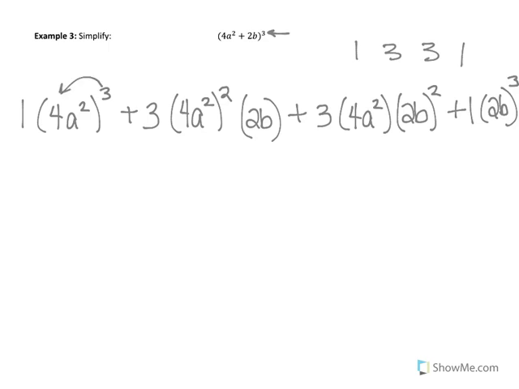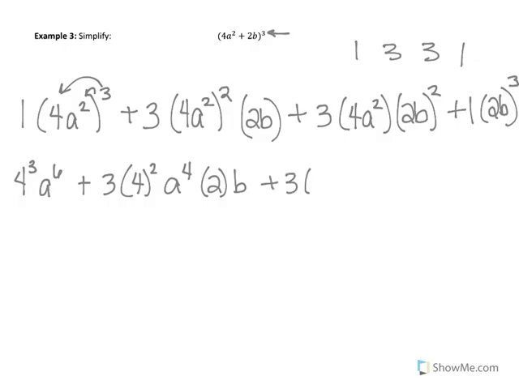Now we'll distribute, so we have 4 to the power of 3 and a to the power of 6. Remember, 2 times 3 is 6. Plus 3 times 4 squared times a to the power of 4 times 2 times b, plus 3 times 4 times a squared, and distribute that 2 in, so 2 squared times b squared, and last one, distribute that 3 into both, so we have 2 to the power of 3, b to the power of 3.